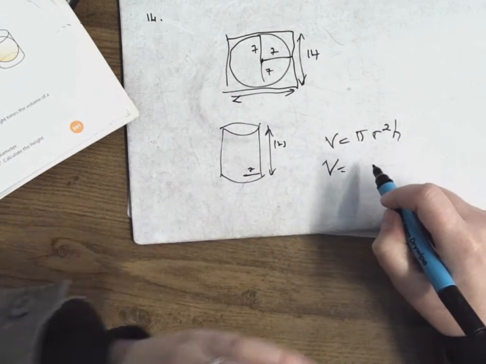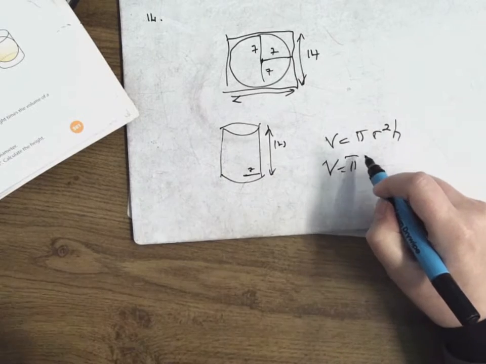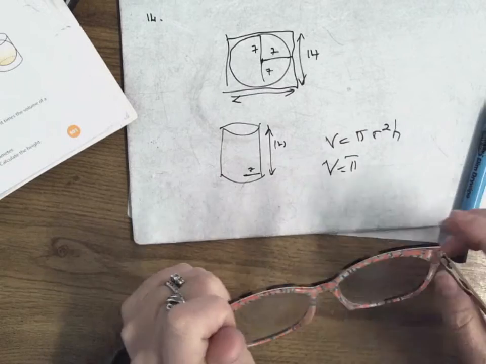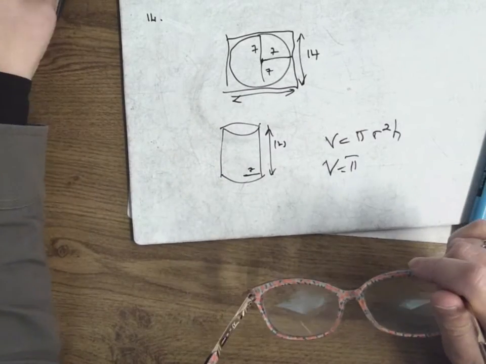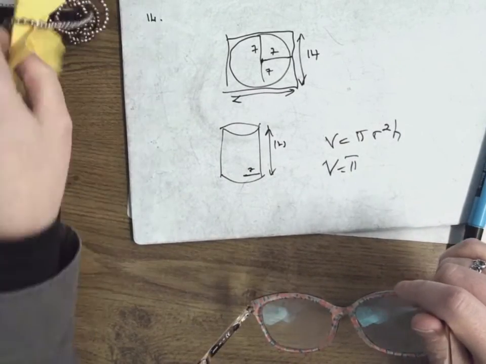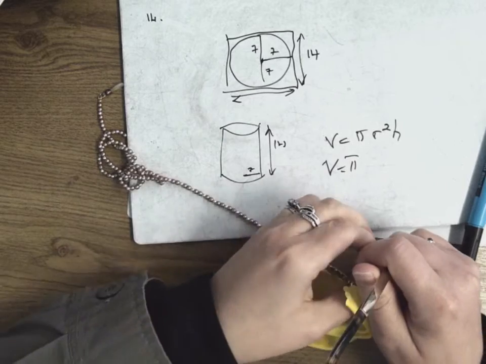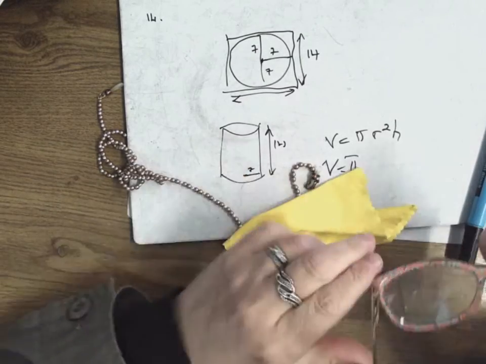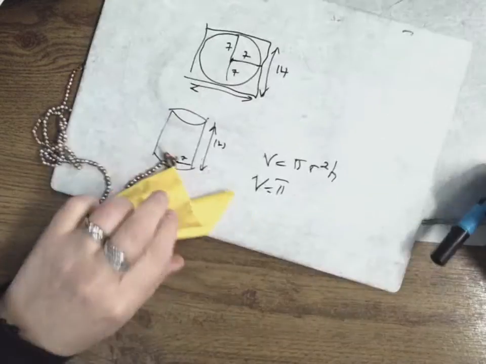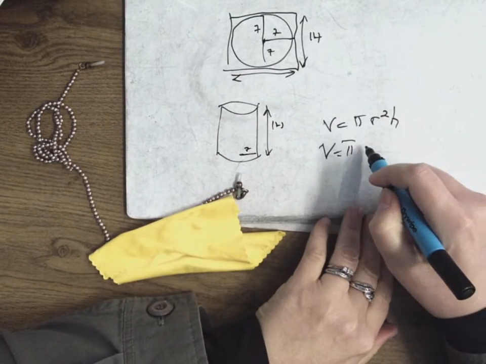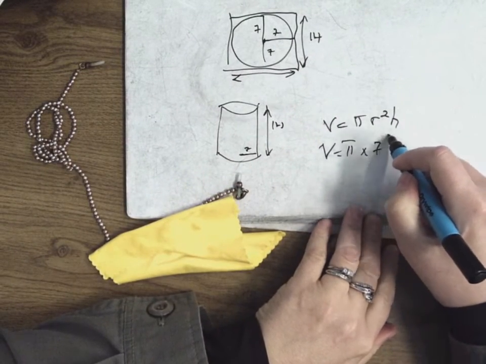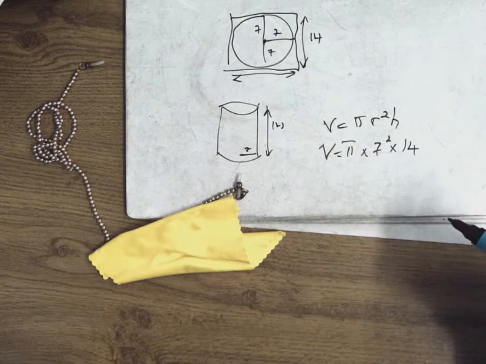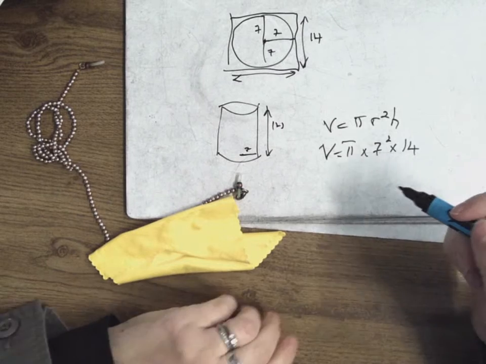So the volume equals pi multiplied by 7 squared multiplied by 14 into the calculator, press S to D and round it to the nearest whole number.